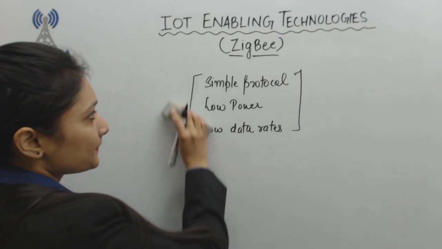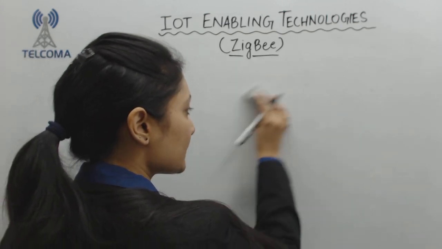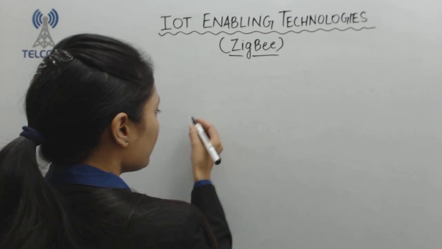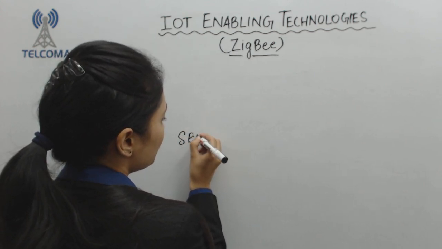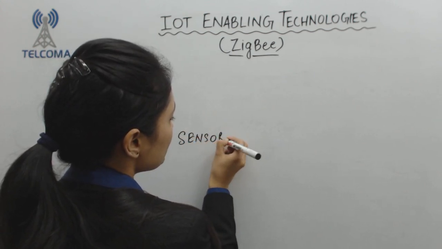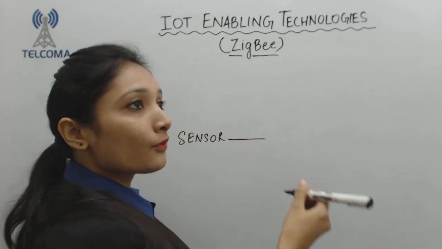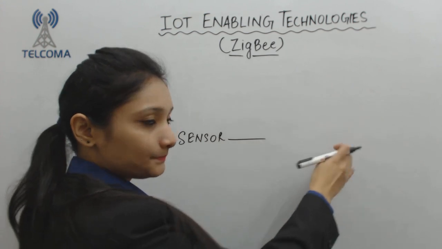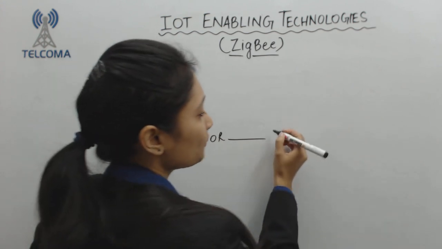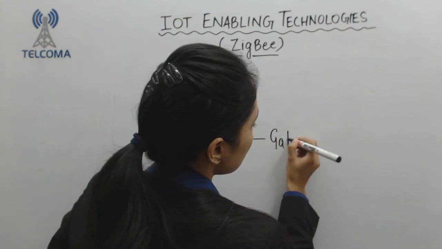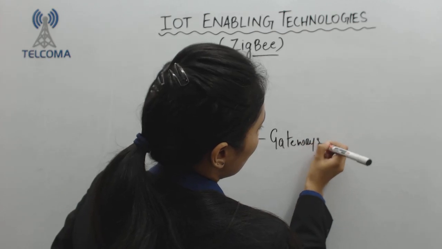So that means we have our sensor devices, then the information which is being collected from these devices is to be forwarded to some other application there. So we need here certain gateways.